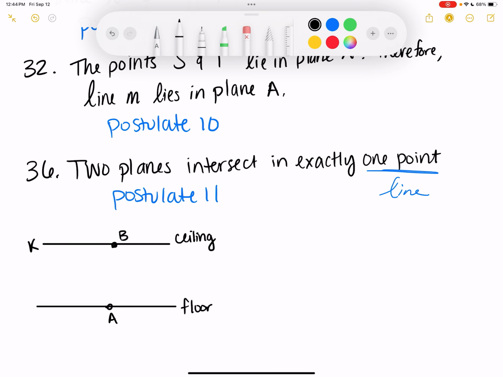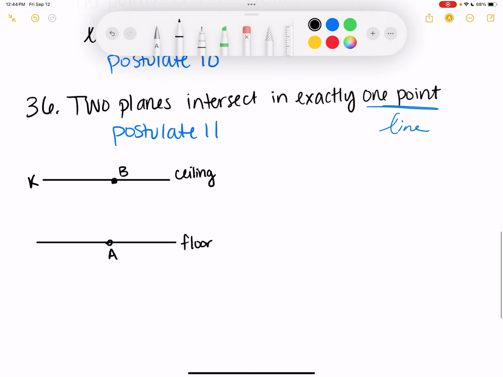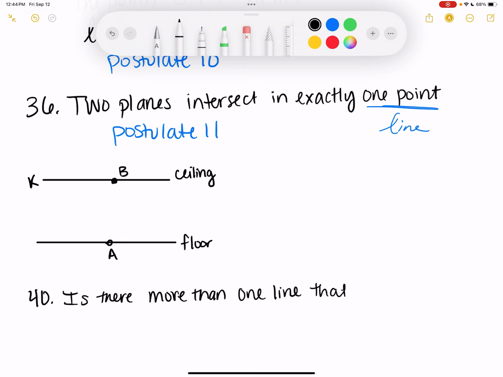Well, that go with this. We're only doing 40, but is there more than one line that contains both points A and B?